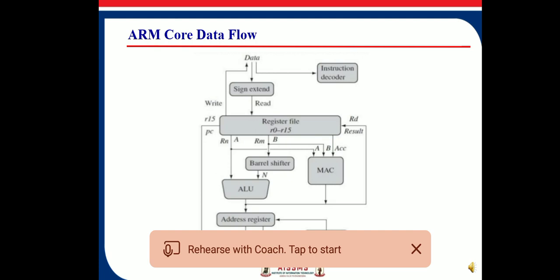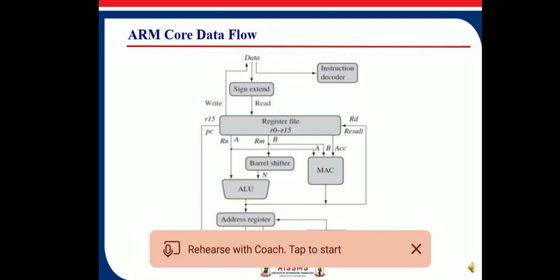Then the data bus. Data enters the ARM 7 core through the data bus. The data is either in the form of an instruction opcode or a data item. Opcode stands for operation code, or data. Data is nothing but the operand. Since von Neumann architecture is used, data items and instructions share the same bus.